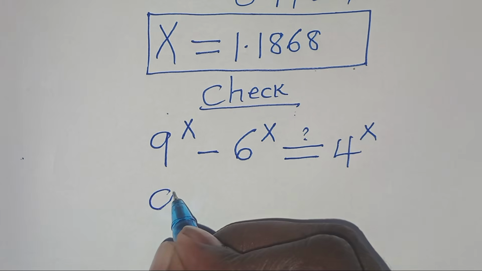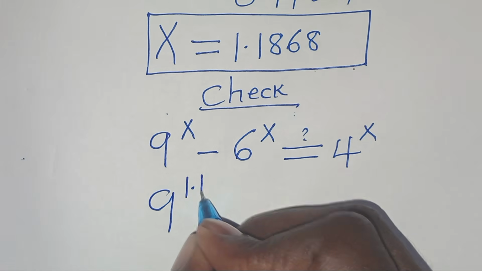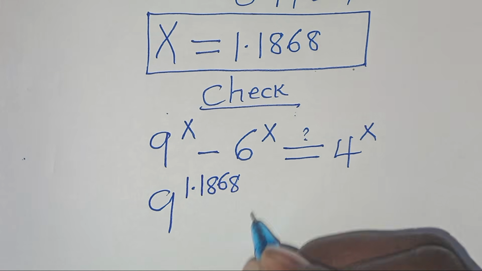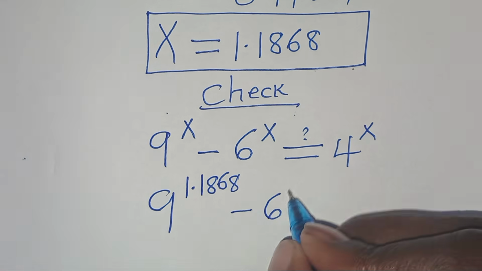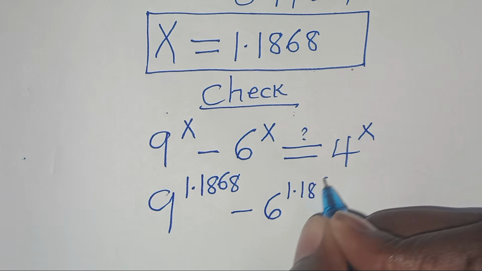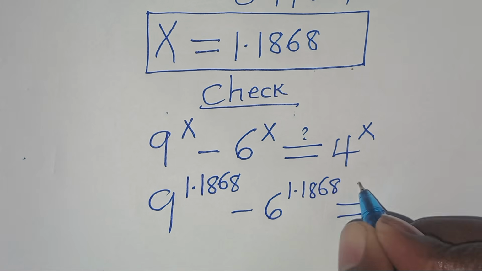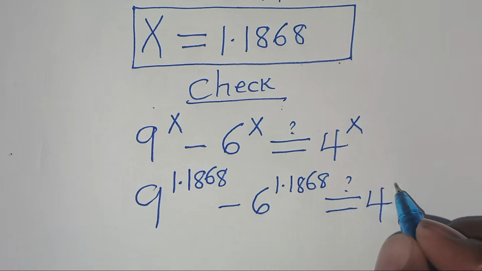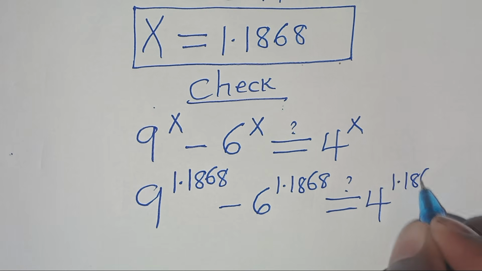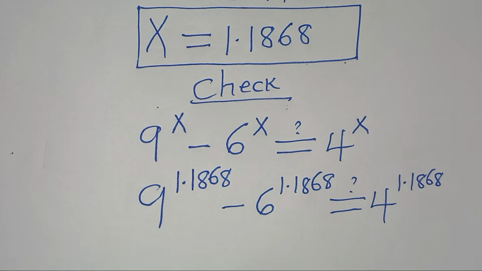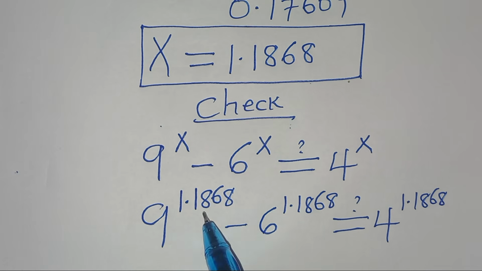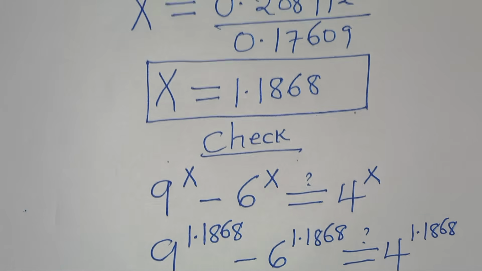This is to mean that we have 9^1.1868, subtract 6^1.1868. This should give us a value of 4^1.1868. So we have that 9 raised to the power of 1.1868 is the same thing as 13.56735.